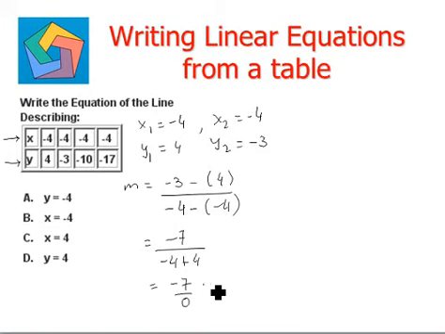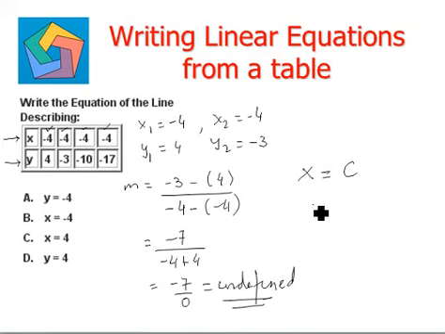This is undefined. Anything divided by 0 cannot be defined. Now here we see that the value of x is remaining the same. For this kind of equation, our answer is always x equals c. So now here c is nothing but whatever the value of x is, that is negative 4.